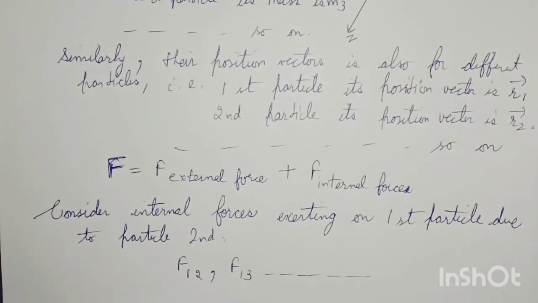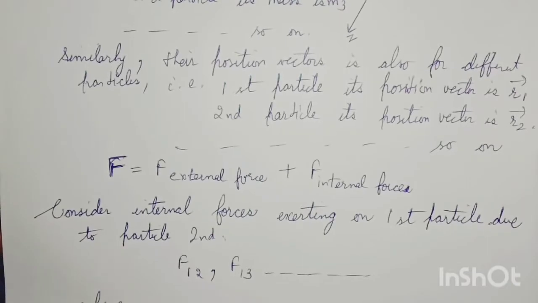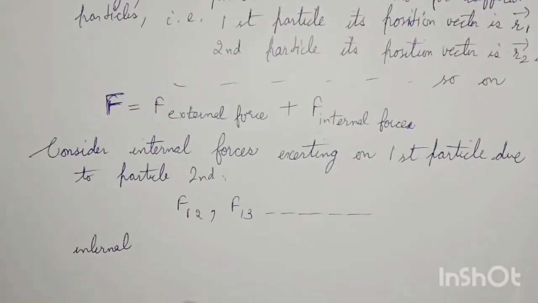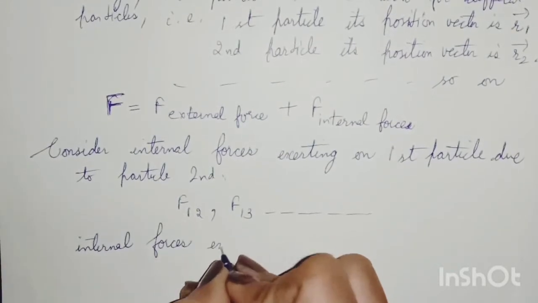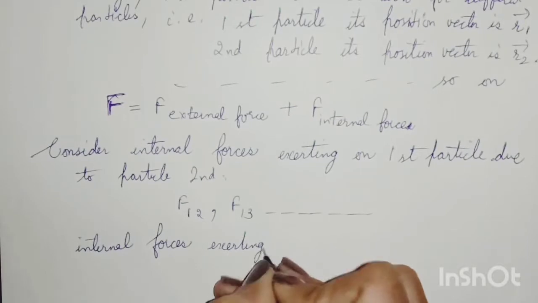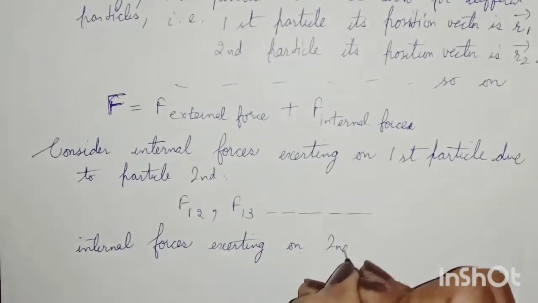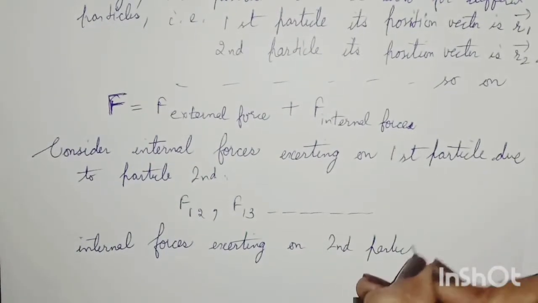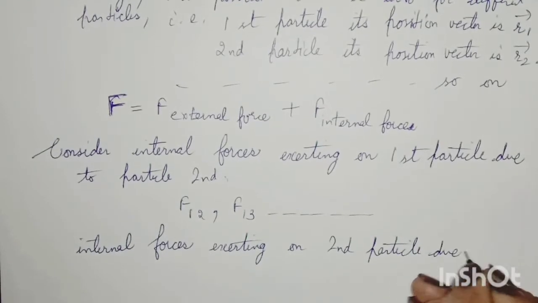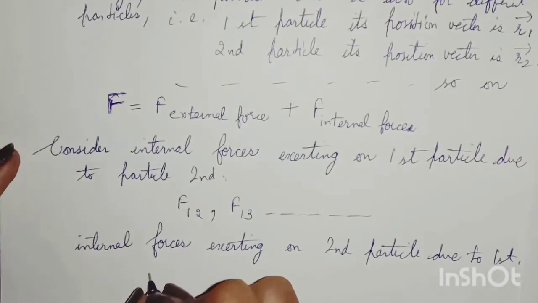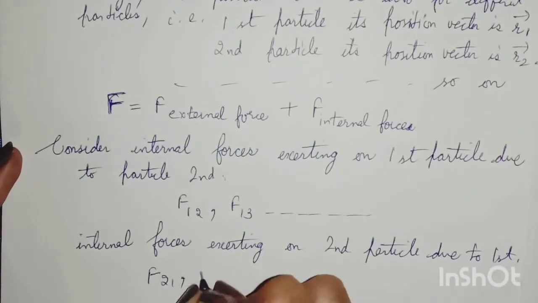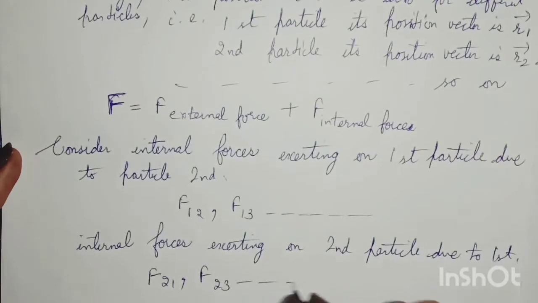Similarly, for the second particle, the internal forces exerted on the second particle due to the first are F21, F23 and so on.